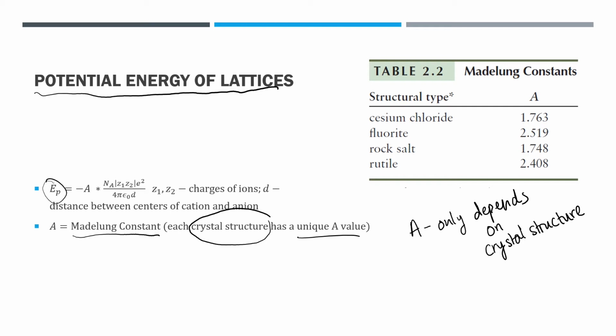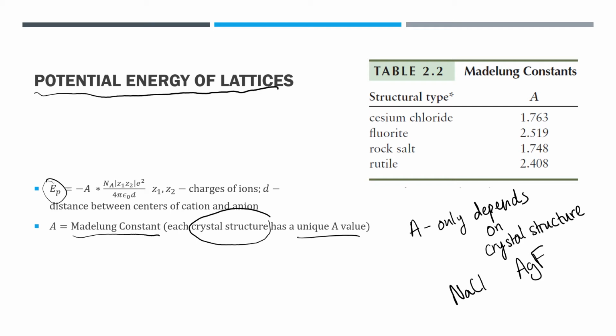So say we have NaCl and NaBr, and they have the same crystal structure, or NaCl and AgF, and they have the same exact crystal structure. That means their A's are going to be the same. So this is an interesting thing to remember, that the A value does not depend on the ions that are in the structure, just the structure itself.